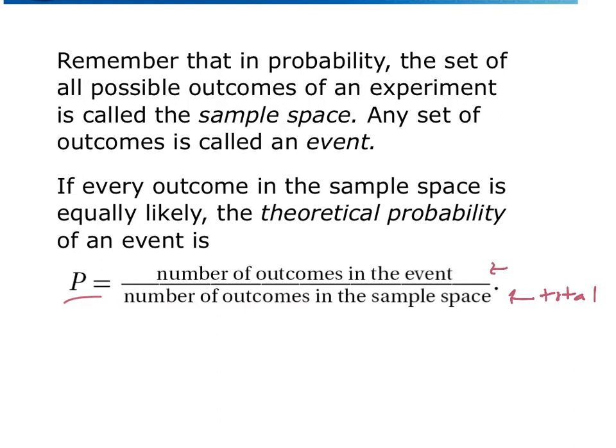So if it says what's the probability of all the people in the class being girls, the top would be the number that you're looking for, so the number of girls, and the bottom would be the total number of people in the class, so the number of what you want.